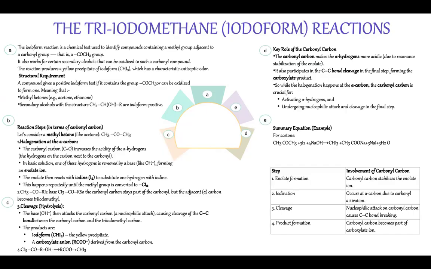So halogenation occurs at the alpha carbon, where the carbonyl group increases the acidity of the alpha hydrogens, the hydrogens on the carbon next to the carbonyl. In basic solution, one of these hydrogens is removed by a base like OH negative, forming an enolate ion. The enolate then reacts with iodine to substitute one hydrogen with iodine, and this happens repeatedly until the methyl group is converted to CI3.